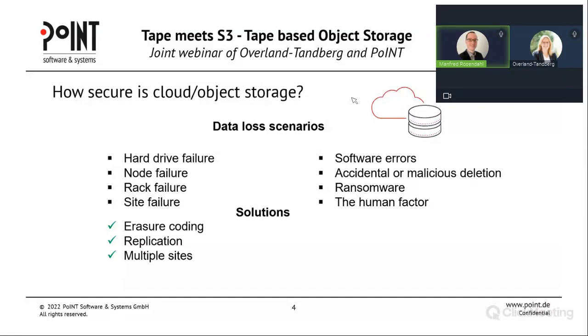And then there's, of course, a human factor, for example, the IT administrator who has misconfigured an S3 bucket. You will find a lot of cases about this in the press. To protect against these scenarios, you need a backup of your object storage. But the question is how to do that.